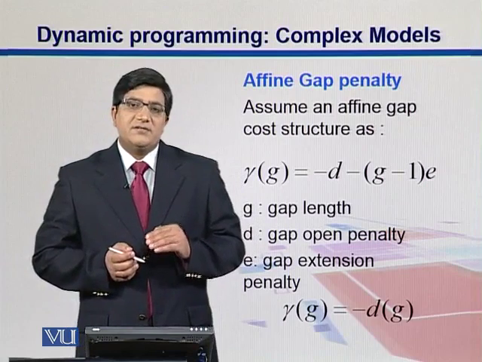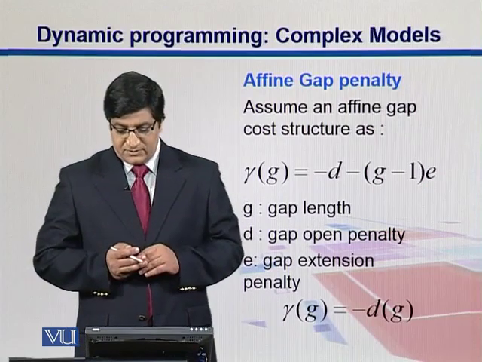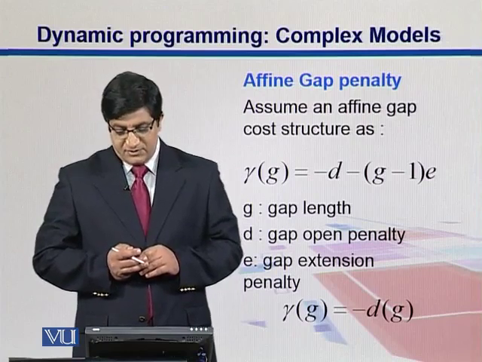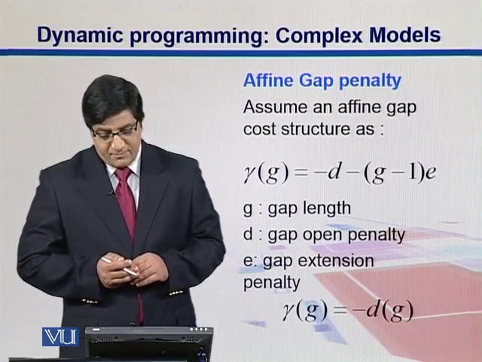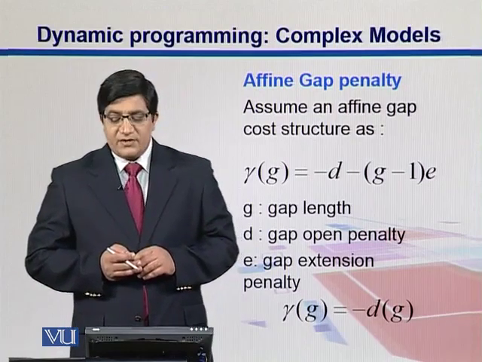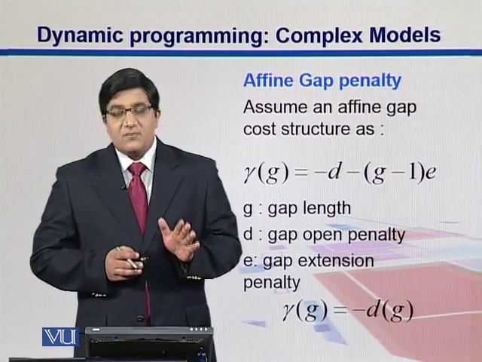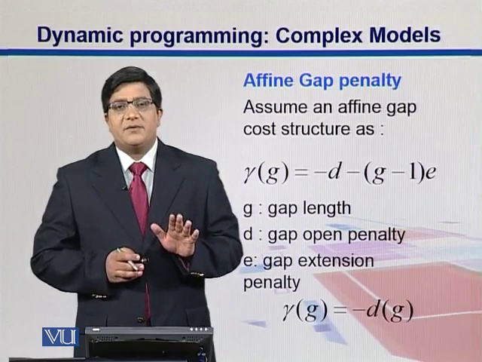Once we start the gap, there is a gap open penalty, minus d minus (g minus 1) times e. Here g is the length of that gap, d in this equation is the gap open penalty, and e is the extension penalty. So we have (g minus 1) times e in this example. For the first gap, we have the big penalty.